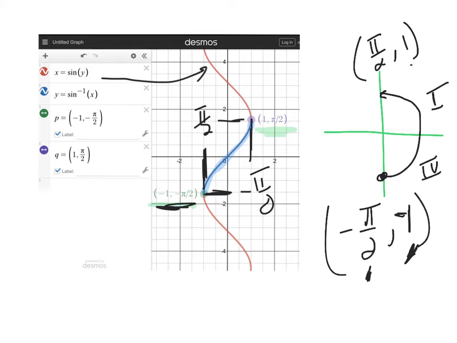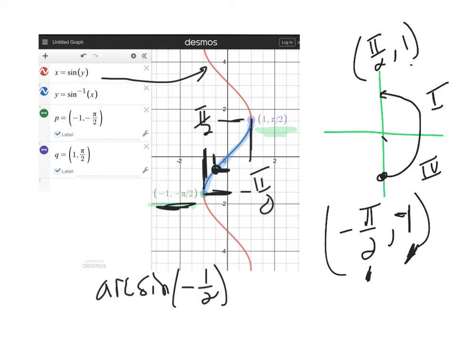The easy way to think about it is if I have a negative value. If I'm going to find the arc sine of negative 1/2, I'm putting in a negative value. If you think about this graph, if I'm putting in negative 1/2, my y is going to be a negative value.